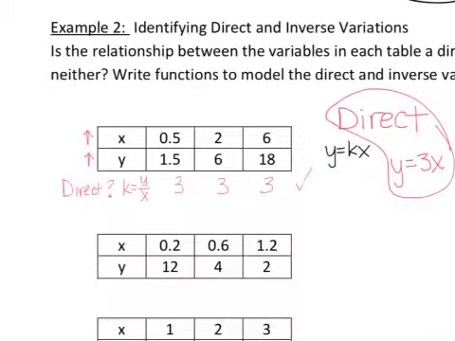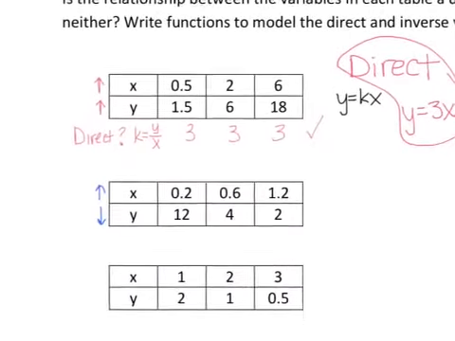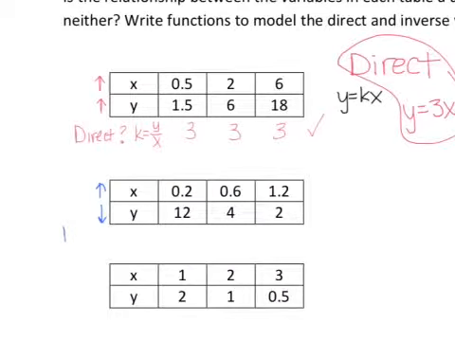Okay, so the next one, what happens to x as we go along? It goes up, and y goes down. So what might we have here? Inverse. Okay, inverse. What does k equal?